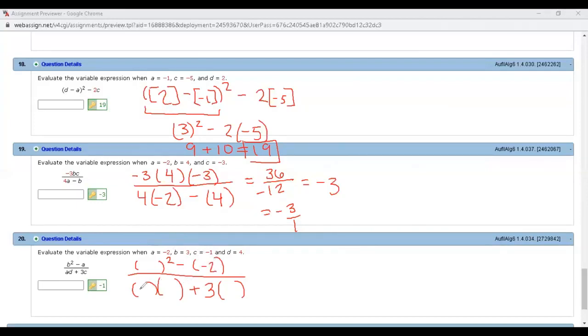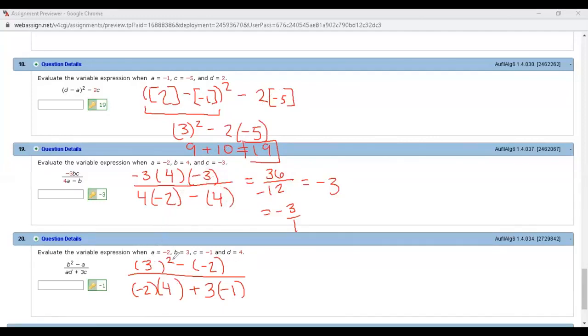So that's a -2, that's a -2. Wherever we see a B, we're going to plug in a 3. So that's a 3, and okay. And wherever we see a C, we're going to plug in a -1. Wherever we see a D, we're going to plug in a 4, okay? So we got A, B, C, and D for this one.